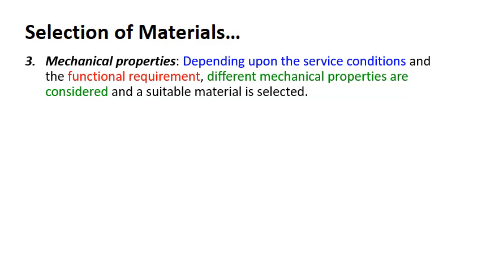For example, it could be a temperature load, it could be a wind load, and it could be a mechanical load, any other mechanical load. It could be any electrical load also, and so on, and functionality. So to achieve certain functionality, it must have enough strength and other properties like wear resistance, hardness, that we have seen already. Okay, so based on this, we select mechanical properties of the material.